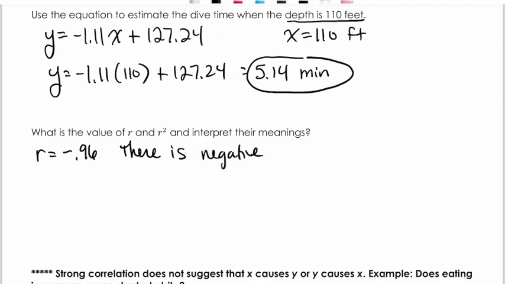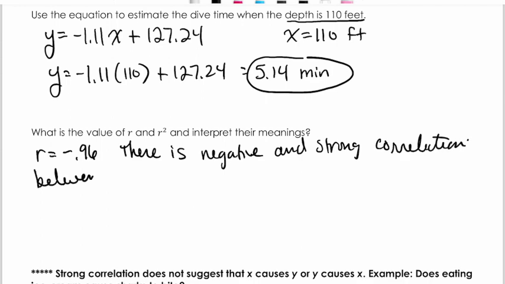And the fact that it's so close to 1, it's 0.96, tells me that it's a very strong correlation. So I'm going to write down that there is a negative and strong correlation between the two quantities, depth and dive time.